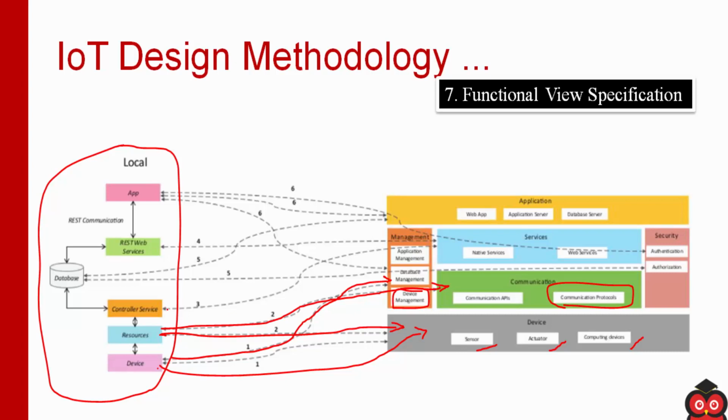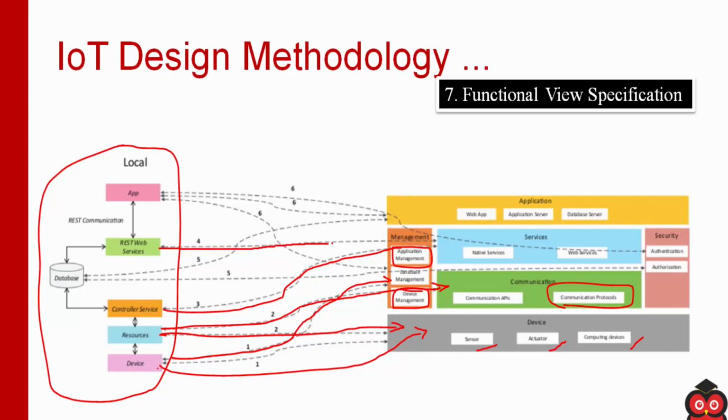Okay, and next thing is controller service. So if you see here, controller service is linked to application management. Okay, so user does not access this service directly. I already told you it is accessed indirectly, and it is a part of application management. Okay, and then we have the web services, REST web services.